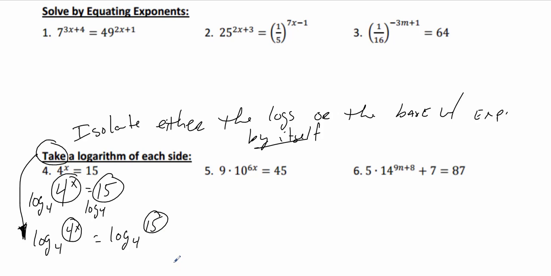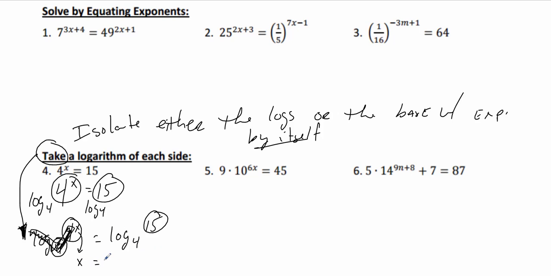Now here's where the awesome thing occurs. Once I do log base 4 to both sides, this number and this number are always going to match. So what's really cool is that log base 4 and that 4 are going to cancel out. And what happens? This x just drops. Oh, man.